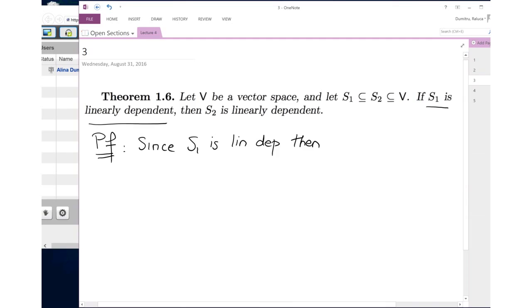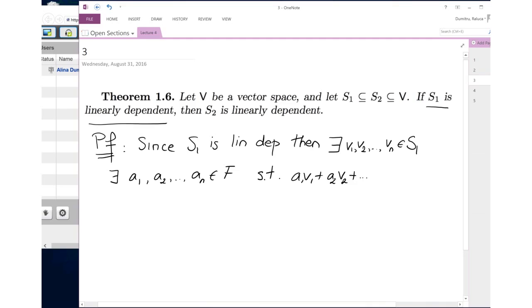So there exist vectors v1, v2 through vn in the set S1, and there exist scalars a1, a2, ..., an such that a1v1 plus a2v2 plus ... plus anvn gives you the zero vector, and those coefficients cannot be all zero at the same time.